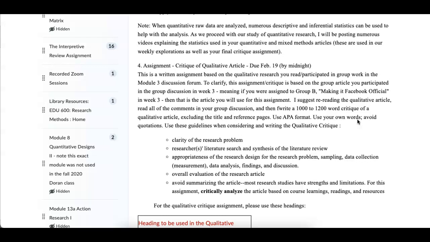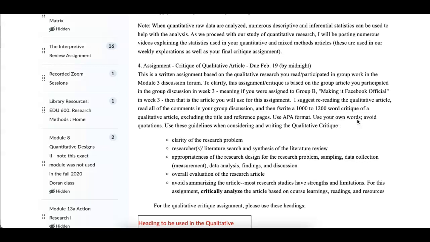Say you were assigned data collection for your group work. That is your section. And if you wrote the initial post, now a lot of the initial posts were either questioned or tweaked by your classmates, you can use your actual discussion post in the critique, meaning you can largely copy and paste it into your paper.